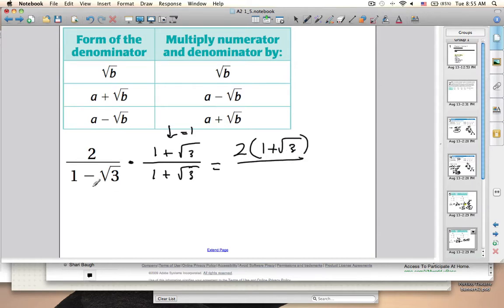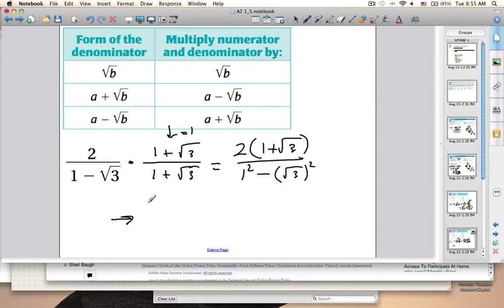And as I mentioned before, a minus b times a plus b equals a squared minus b squared. So if a is 1, I'll have 1 squared minus b, which is root 3 squared. Okay, continuing to simplify.